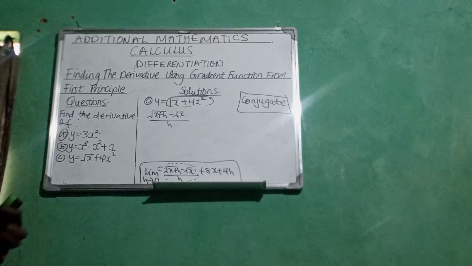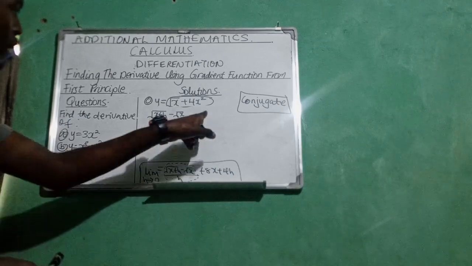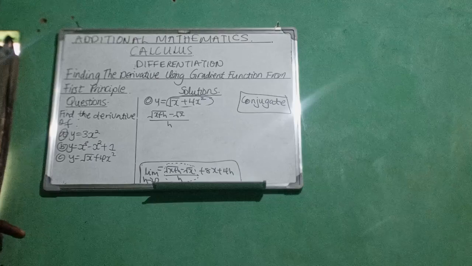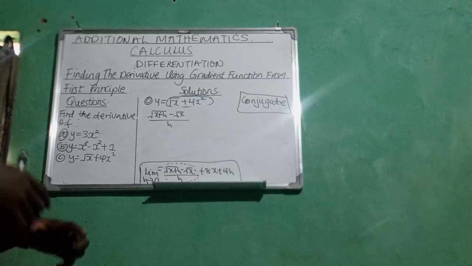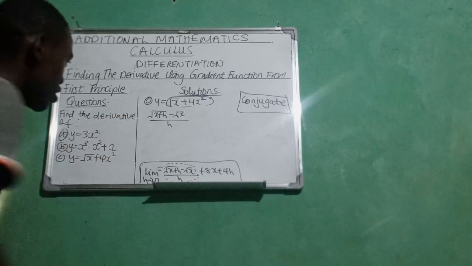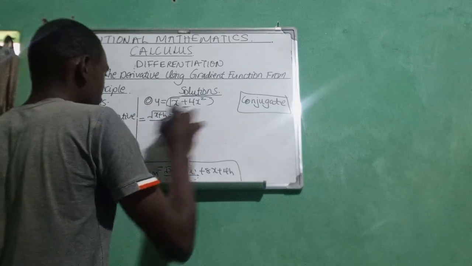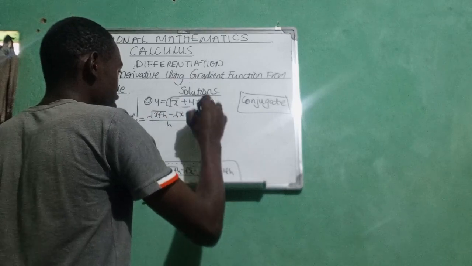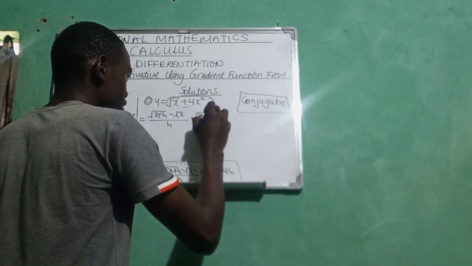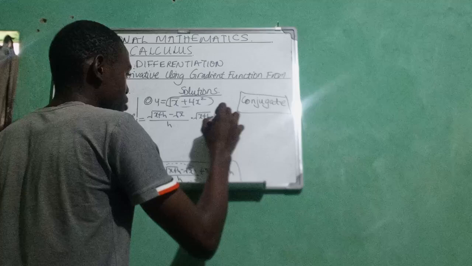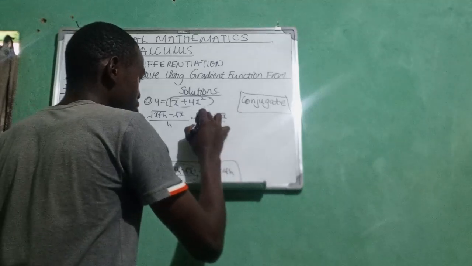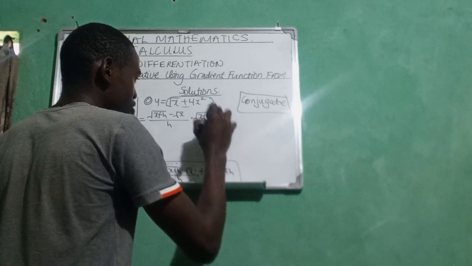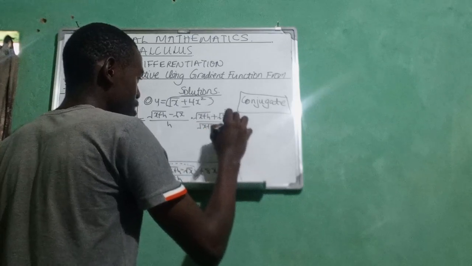Now with conjugate, we still multiply the top and the bottom by something, but it's the opposite. So to conjugate this fraction, we multiply by square root of x plus h plus square root of x, divided by square root of x plus h plus square root of x.